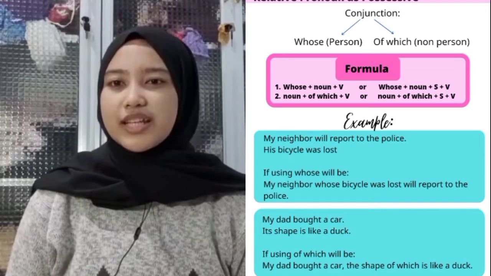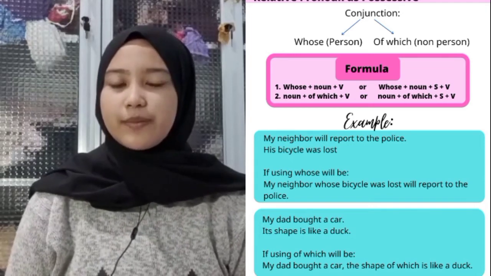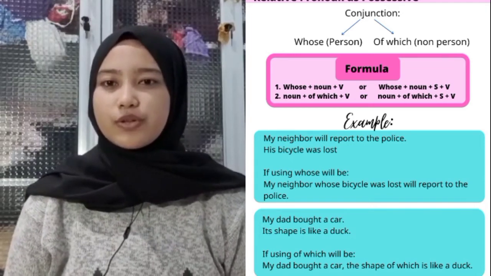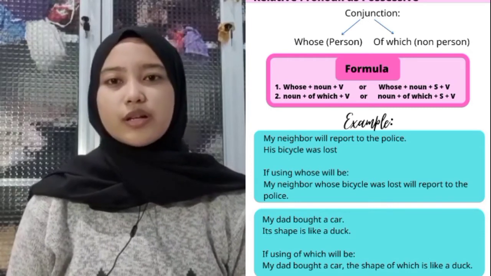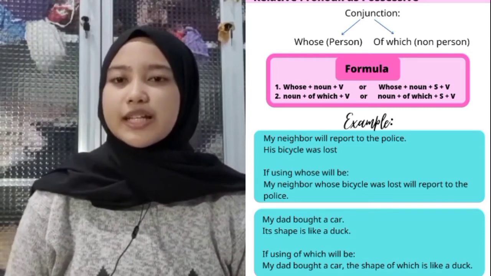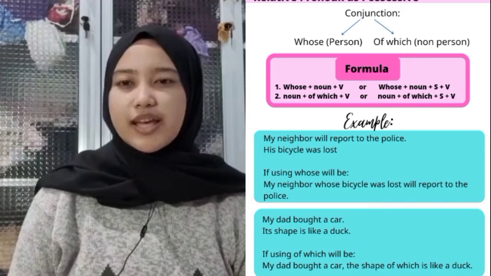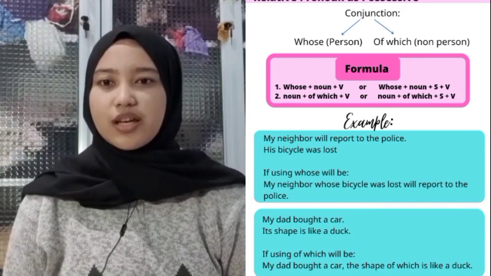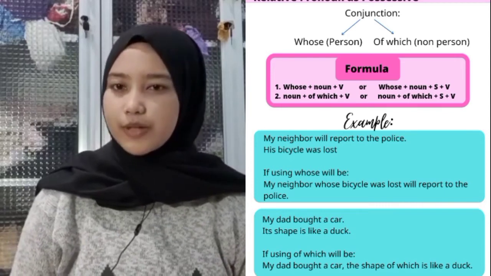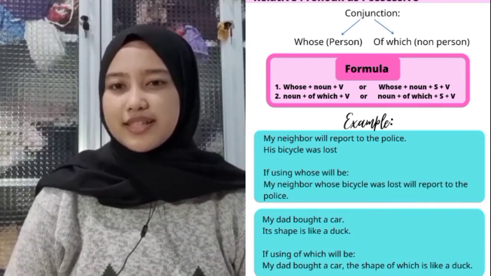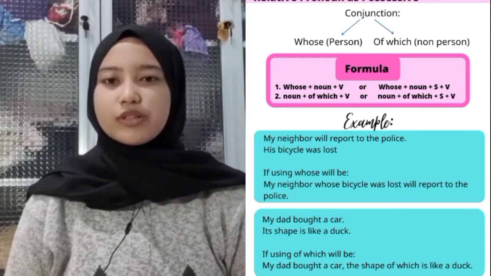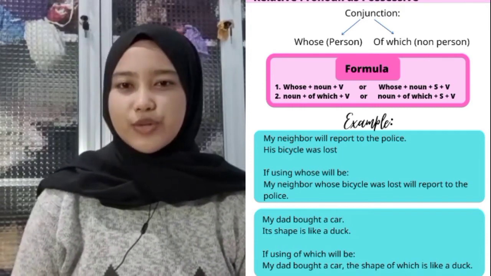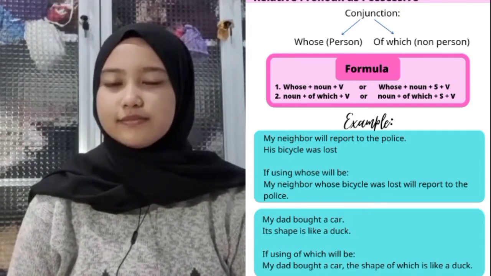In the example, of which replaces its, which is possessive, and before of which there must be a noun, so that it becomes the shape of which, and is as a verb. This example uses the formula noun plus of which plus verb.